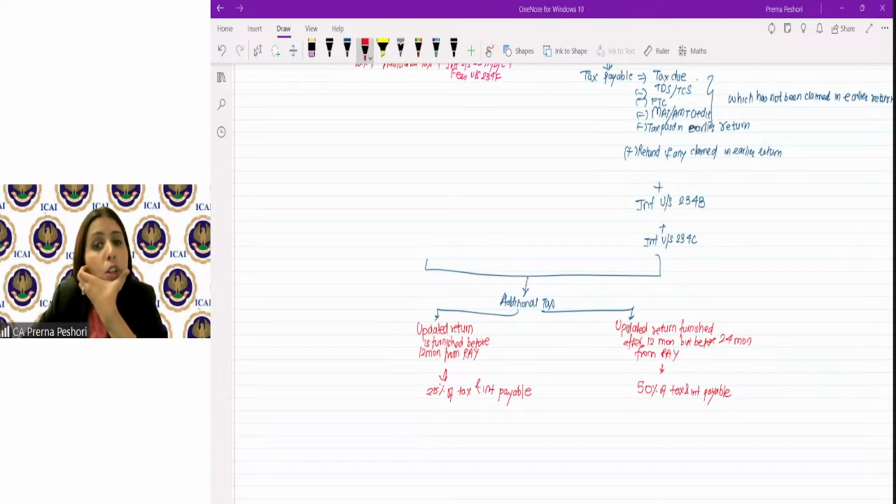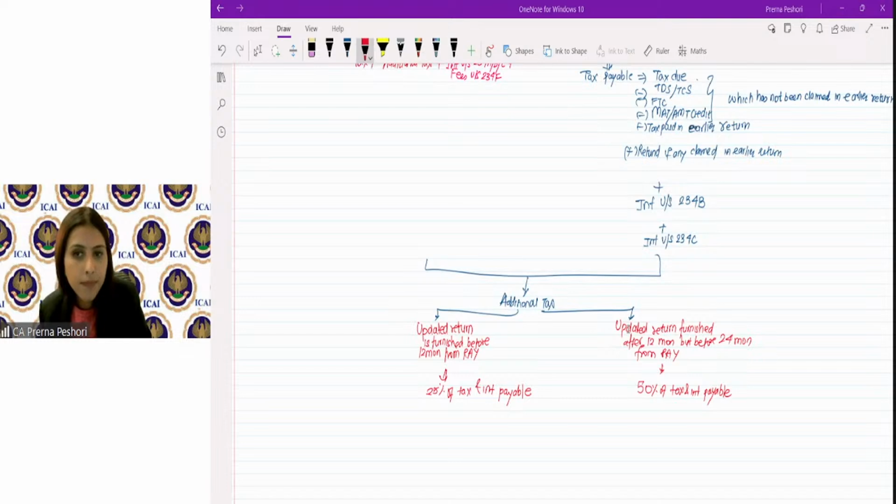Now, this tax would include the surcharge and cess. Are we clear? This will include the surcharge and cess, everything after that, whatever the tax is coming, including surcharge, including cess, and the interest which is payable under 234A, B, and C, as reduced by the interest paid earlier. On that amount, you will have the additional tax.